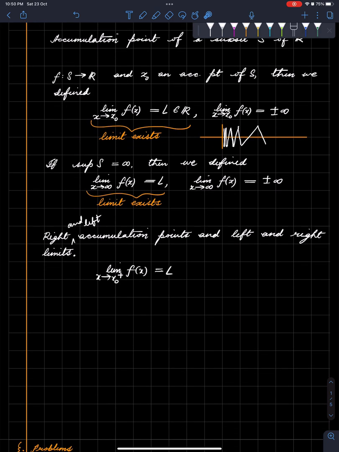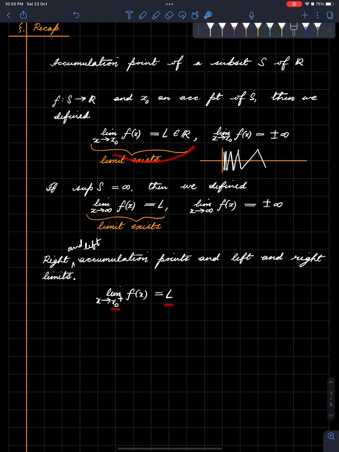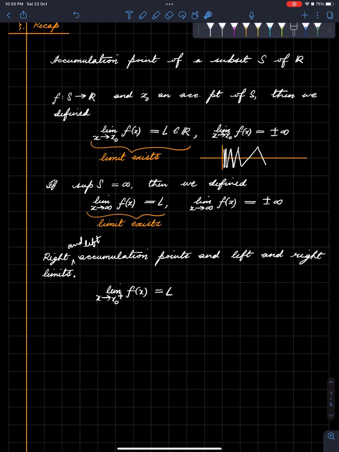And then lastly, we gave the definitions of right and left accumulation points and left and right limits of a function. If x0 is a right accumulation point of a function f defined on a domain S, then we write this to mean that the right limit of f at x0 is equal to L, and again we gave a definition very similar to this one, but one-sided.